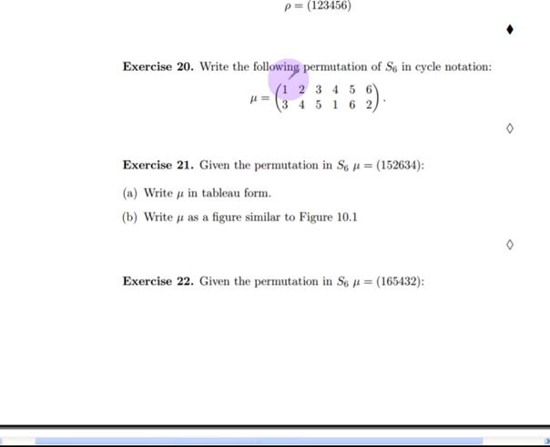Okay. Now we can think about some other cases. Here you don't have 1 goes to 2, 2 goes to 3. 1 goes to 3, 2 goes to 4, 3 goes to 5. Now to get this cycle, we'd have to say 1 goes to 3, 3 goes to 5, 5 goes to 6, 6 goes to 2, 2 goes to 4, 4 goes to 1. And then 1 goes back to 3, and then you repeat again.